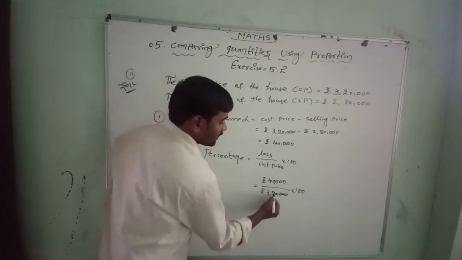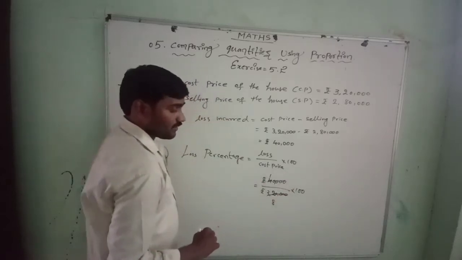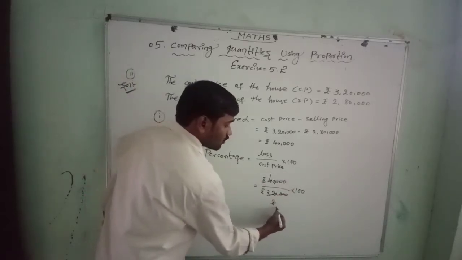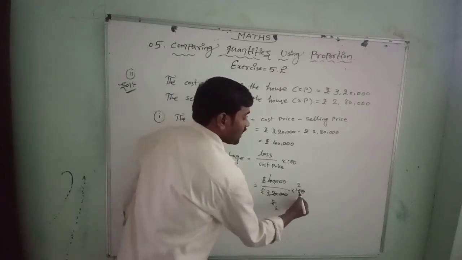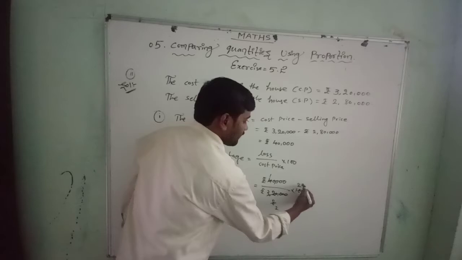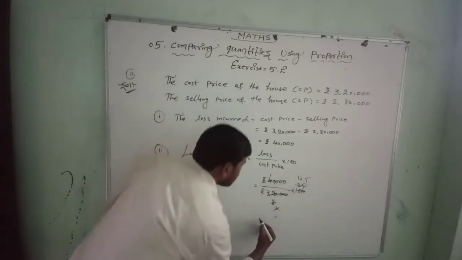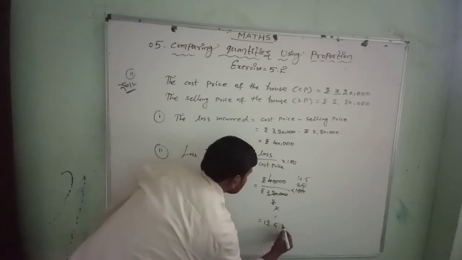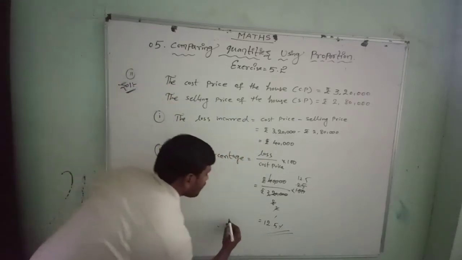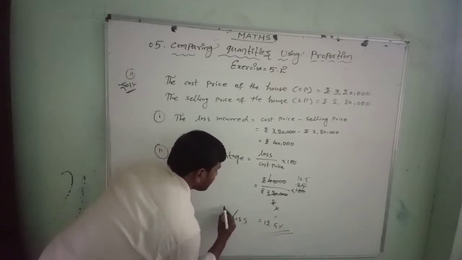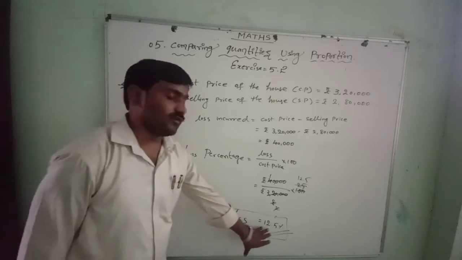Then here it is 32. 4 ones are 4, 8s are 32, 4 2s are 8, 2 left, 4 5s are, then we get 12.5. That means the loss percent is 12.5%.